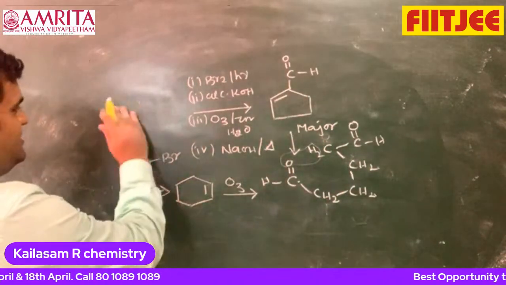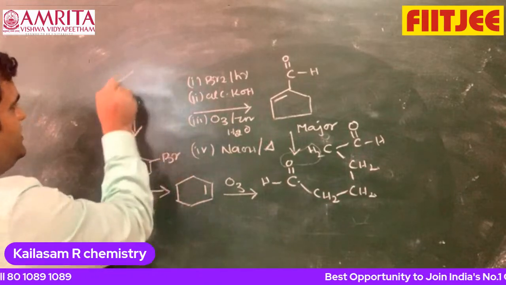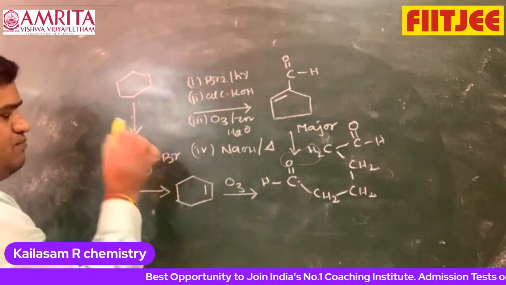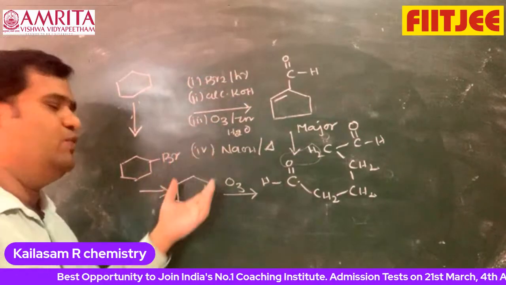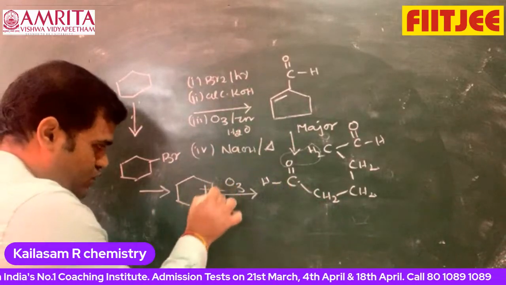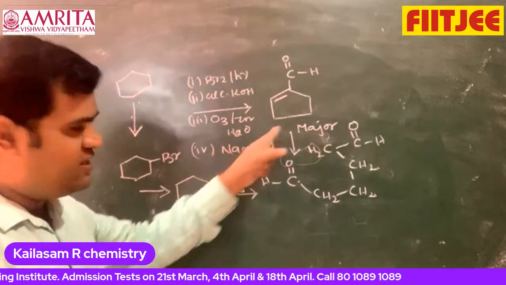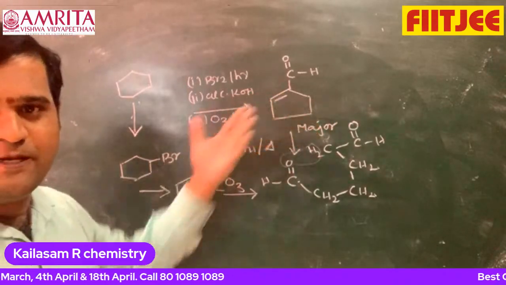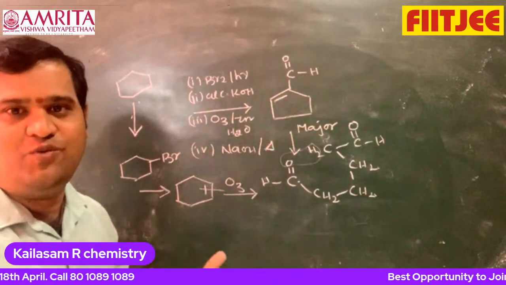So this starts from cyclohexane: Br2 with light, bromocyclohexane, alcoholic KOH, cyclohexene, ozonolysis product, the bond breaks, CHO, CHO. Then NaOH, intramolecular aldol. That's all. This is what the real JEE Mains question was expecting from you.